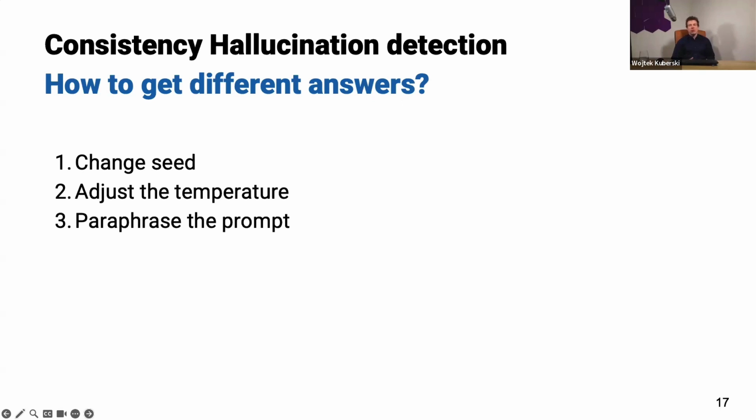That's also another way to just get different answers, by slightly adjusting the temperature of an LLM. And another option is to use an LLM to paraphrase the prompt and use this new prompt again. And that introduces a bit more noise and requires yet an additional call to an LLM. So even though the idea seems quite interesting at first glance, it's generally not recommended to do it like that.